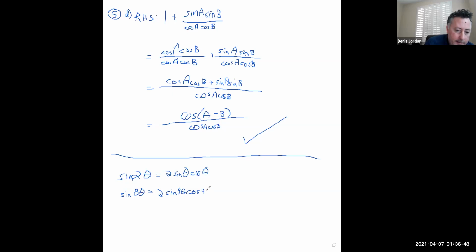Because when you use that double angle identity, like the sine of 2 theta goes to 2 sine theta cosine theta, you're taking the angle and cutting it in half. So 2 theta goes to theta. And 8 theta, if you cut that in half, or divide by 2, gives you 4 theta.